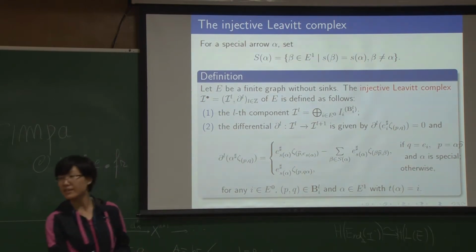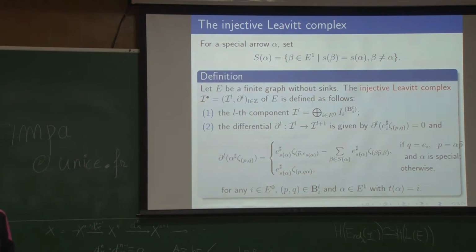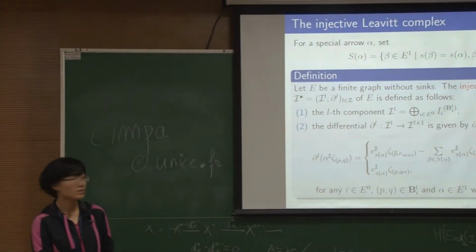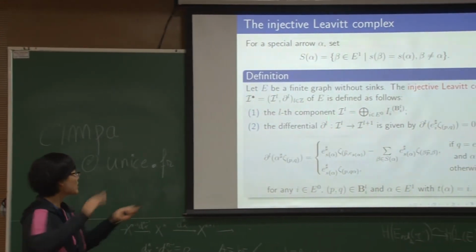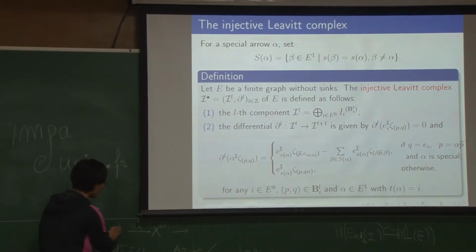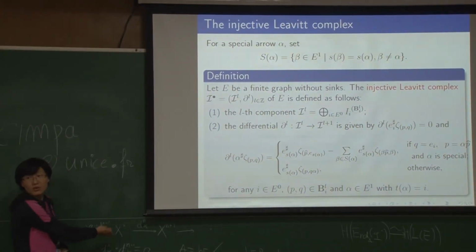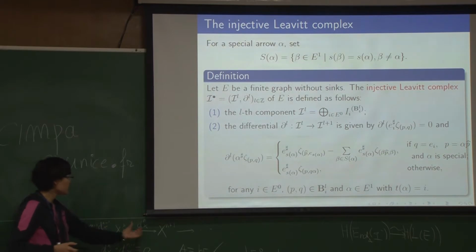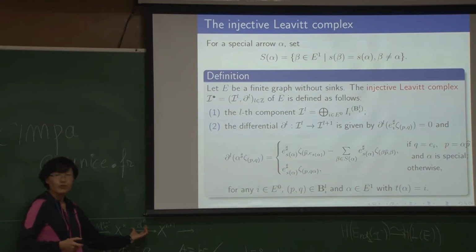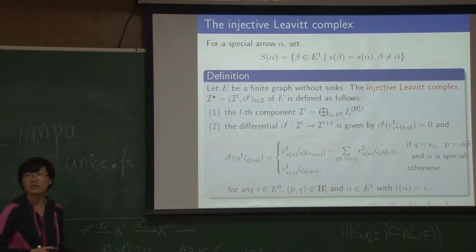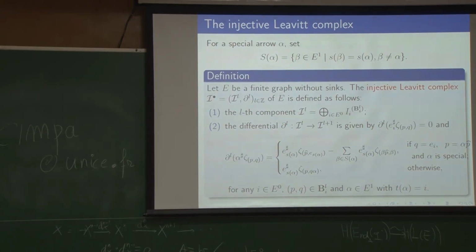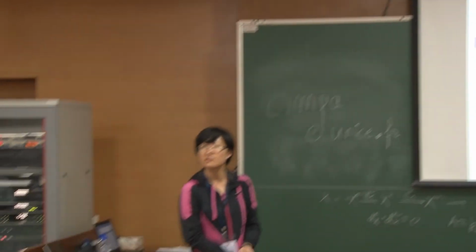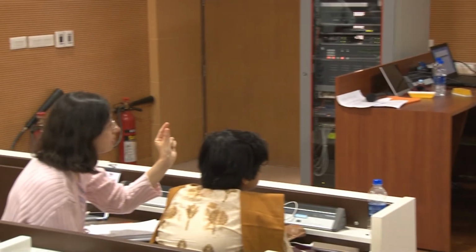I have a question. In the admissible pair, do you fix L, the length? Is that what L is? For any integer L, we first give the component, and we also need to give the differential for any integer L. But my question is, I forgot the definition of the admissible pair. When you're picking P and Q, do you restrict the length of the paths?